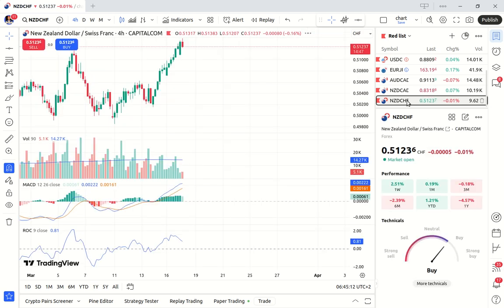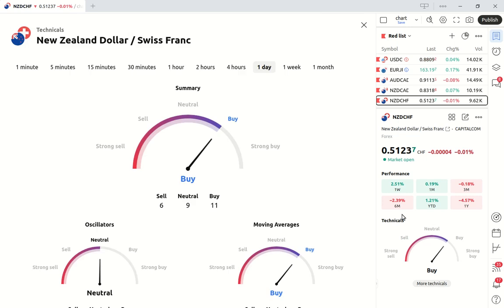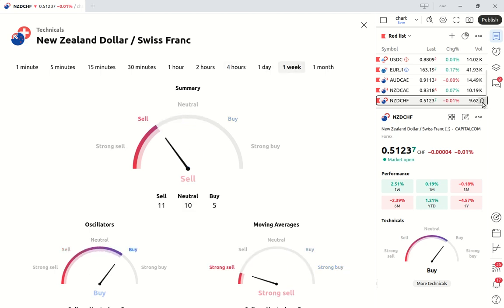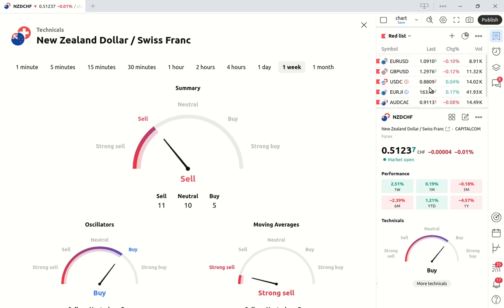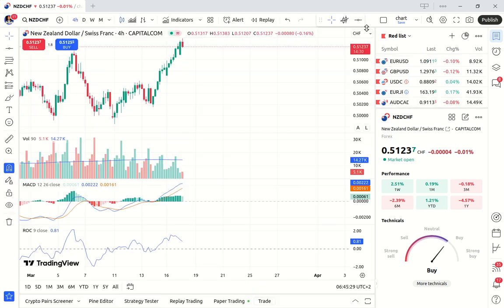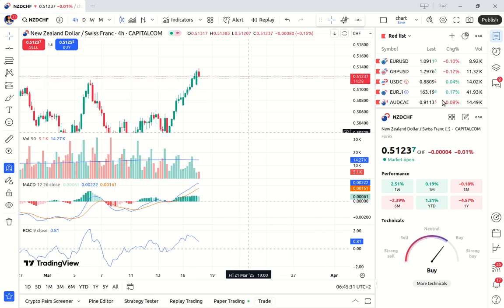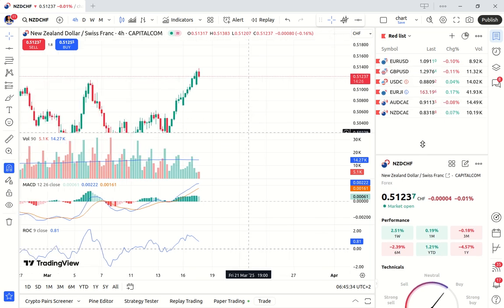So definitely, that's another pullback. I think we have another potential pullback here, but remember, we're looking for a strength in all the time frames. So there you have it. We have, how many? 1, 2, 3, 4, 5, 6.